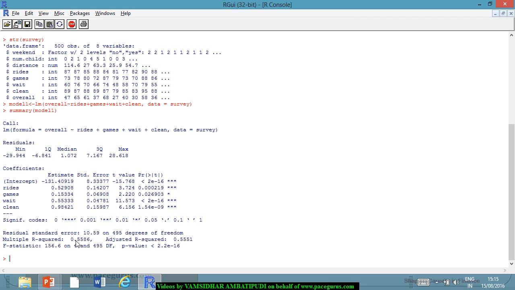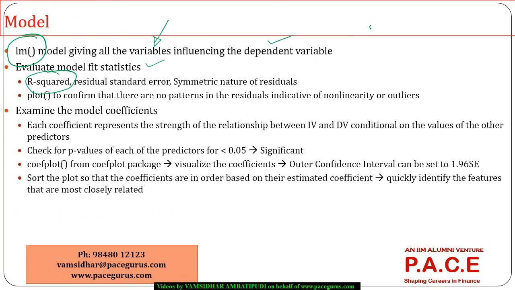The R squared of this model is 55.86%. Right?